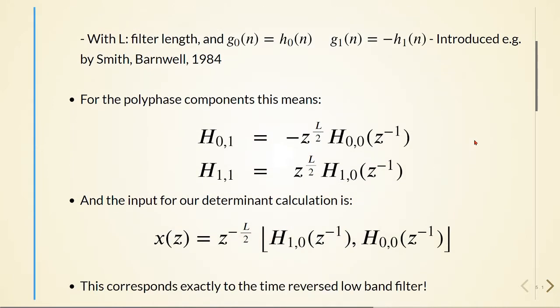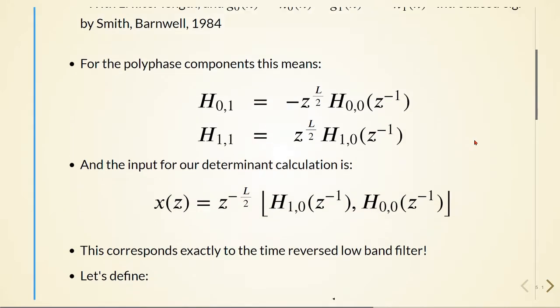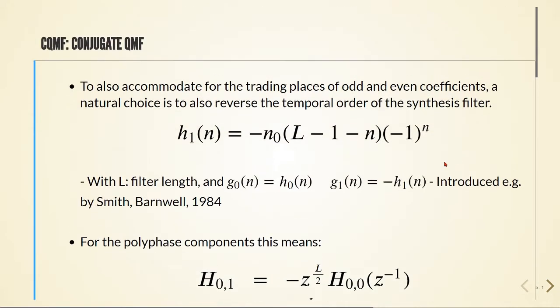Then the input for our determinant calculation is given here, and this corresponds exactly to the time reversed low band filter. So what we're doing here in the conjugate QMF is having this reverse of the temporal order of the synthesis filter.